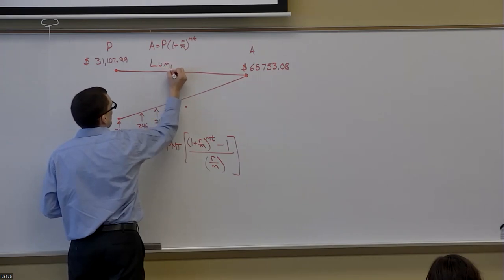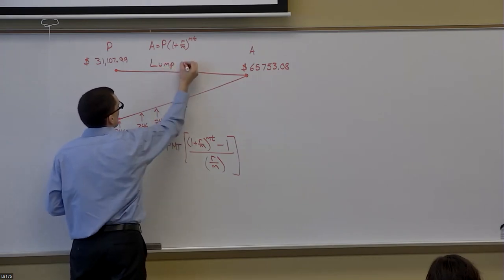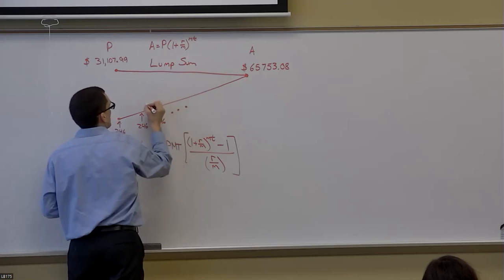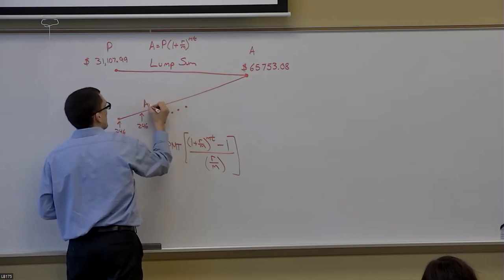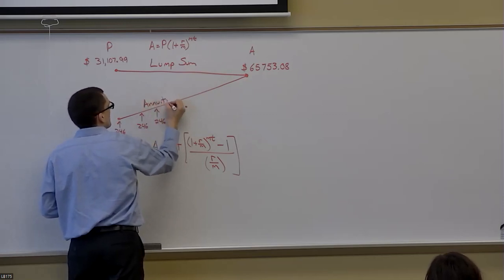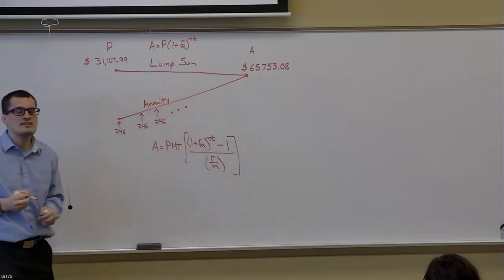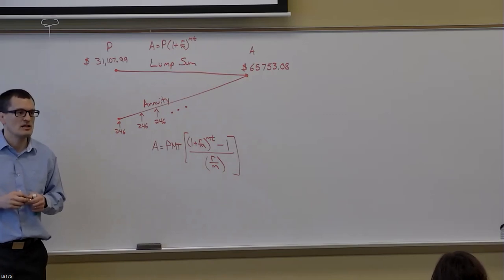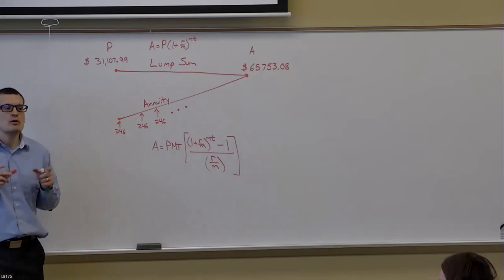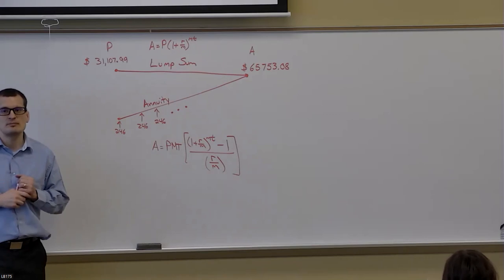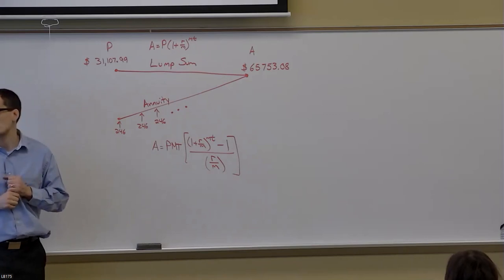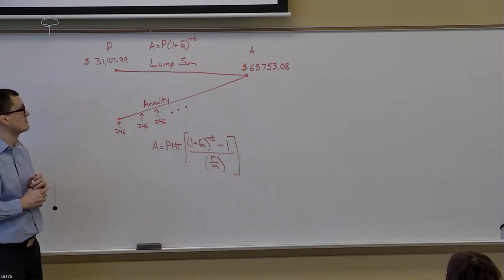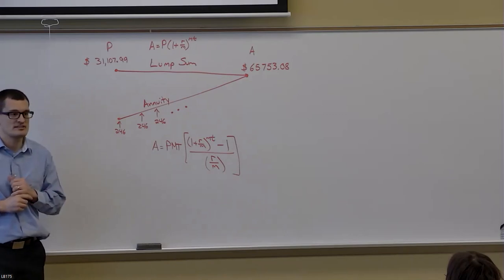What I call the loan diagram, or what the bank is really doing is trading you a lump sum for your annuity. So you would go into the bank and say, I want to borrow $31,107.99.